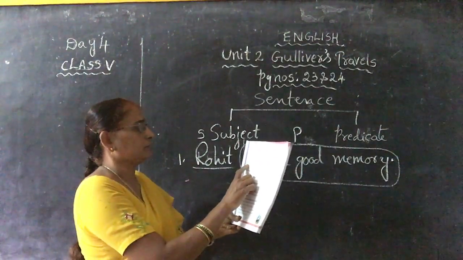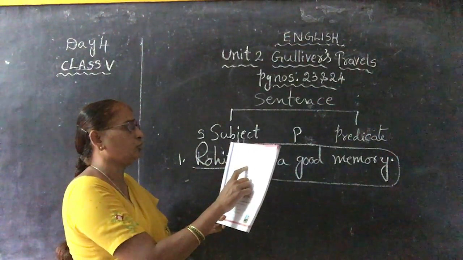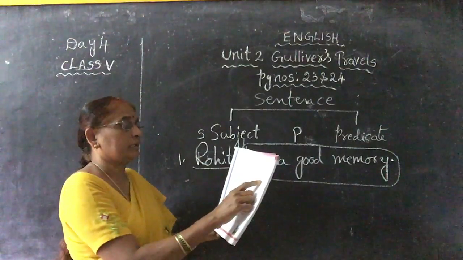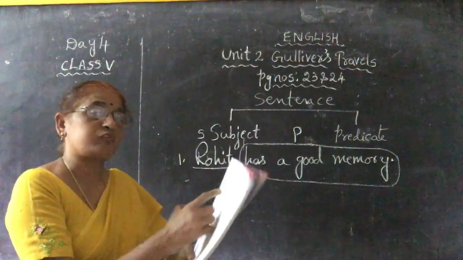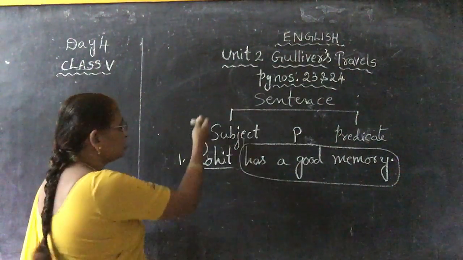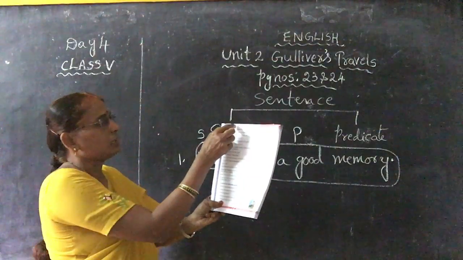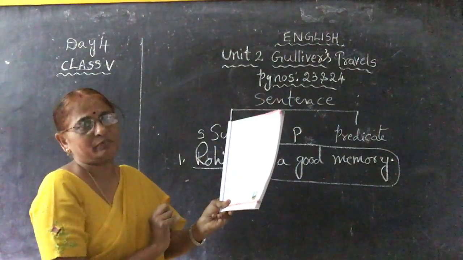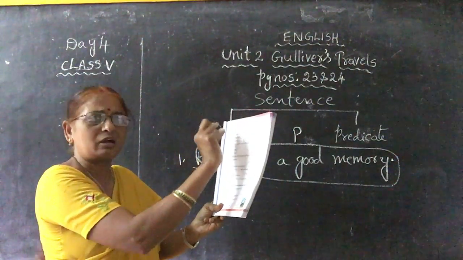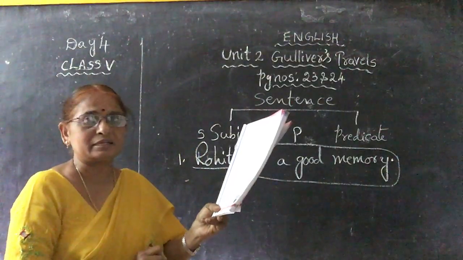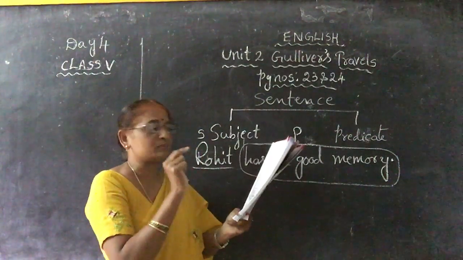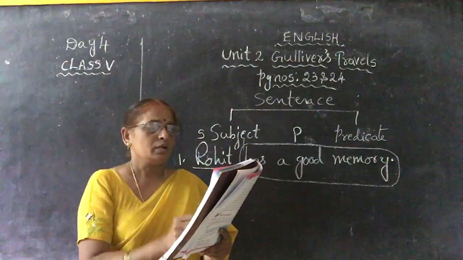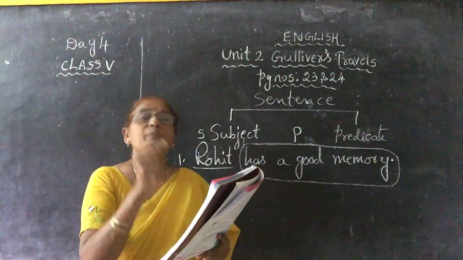Okay, next one. In a sentence, the subject usually comes at the beginning, but sometimes it is put after the predicate. In all these 1 to 8 sentences, the subject is put first. The first word is the subject in these sentences. But we don't always get the subject like this. Sometimes the subject is put after the predicate, children.